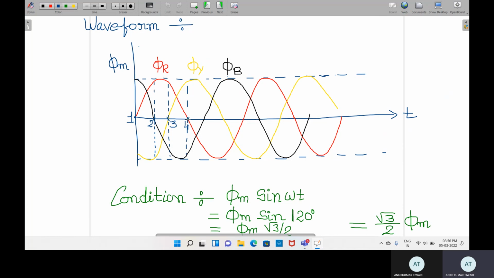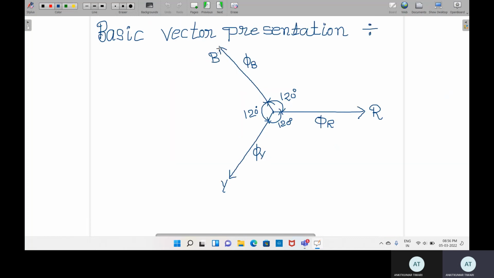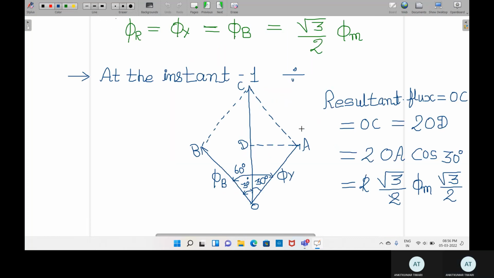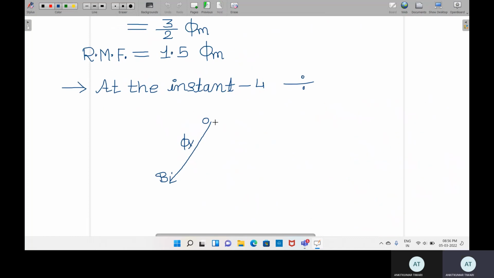So phi r will not be drawn. We will just draw phi b, and phi b is negative, so its direction will be reversed. Suppose OA, and its resultant.